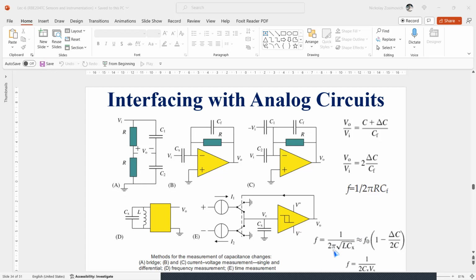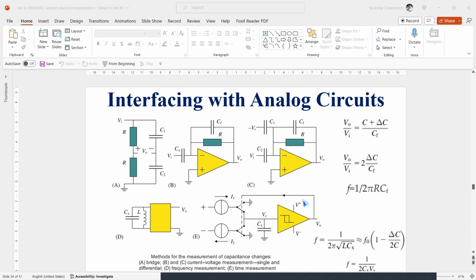An interface that combines the advantages of a time signal output and high linearity is given on the last figure here, an example of a relaxation oscillator. The unknown capacitance is periodically charged and discharged with currents I1 and I2. During charging, the voltage increases linearly with time until the upper hysteresis level of the Schmitt trigger is reached.